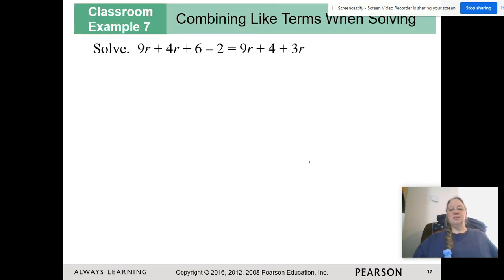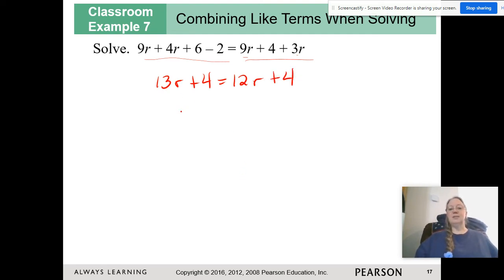All right. So notice I have lots and lots of variables, and I have lots and lots of constants. So what I'm going to do is simplify the left side by combining like terms, simplify the right side by combining like terms. So I'm going to end up with a single variable and a constant over here, and then 18r plus 4, and combine the r's, and I have 12r plus 4.